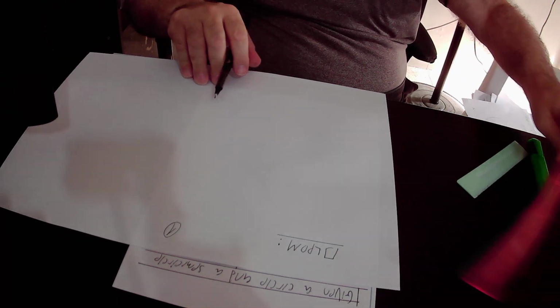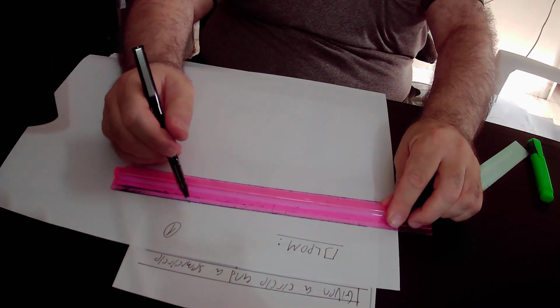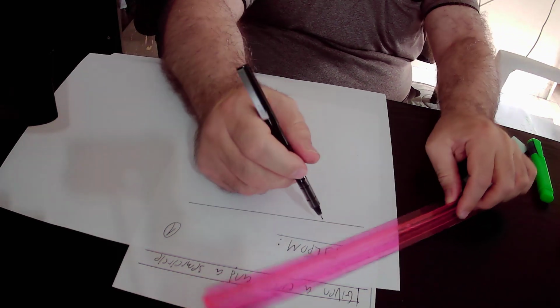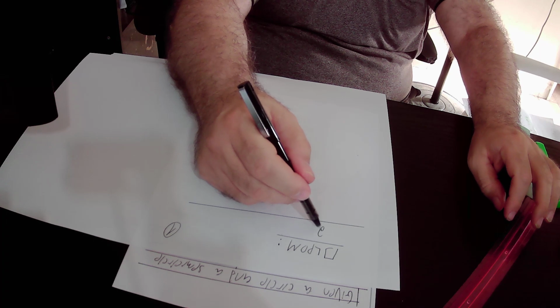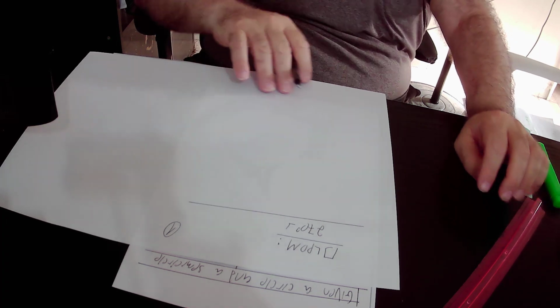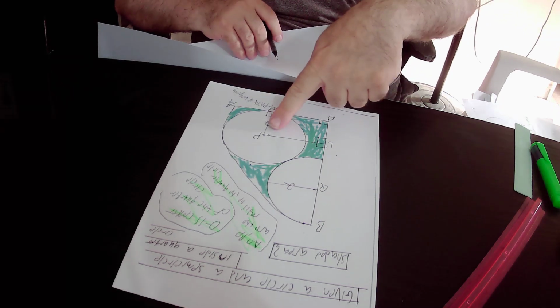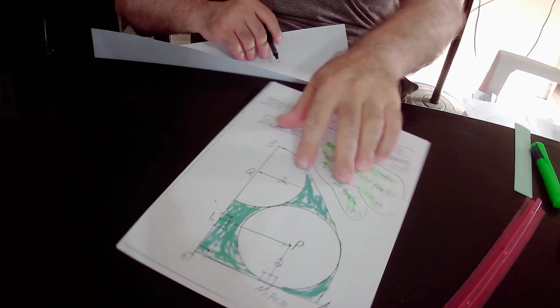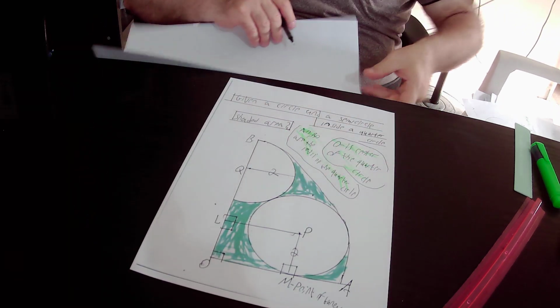The sum of three right angles is 90 times 3, which is 270 degrees, plus the size of the fourth angle, that is, angle LPM.